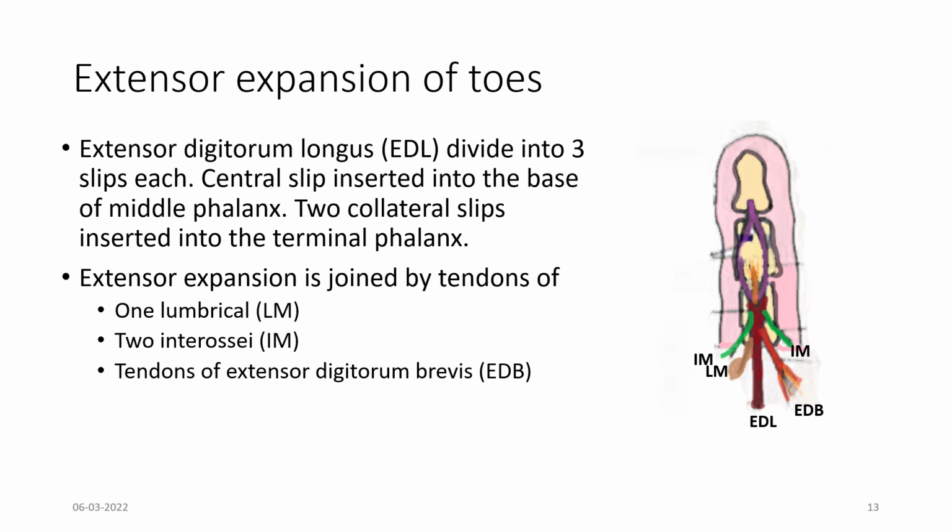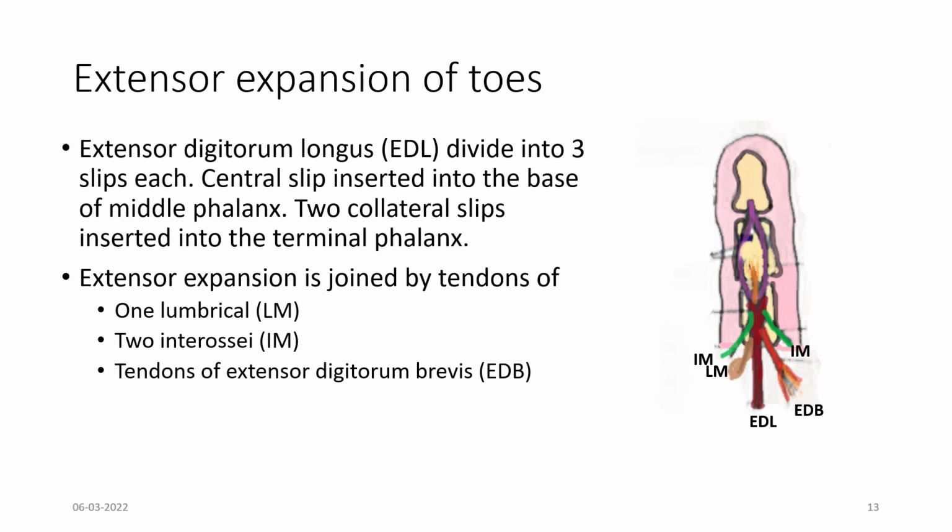So, the extensor expansion of the toes is formed by the extensor digitorum longus, which divides into two lateral strips and one central strip, like that in the fingers. The central one is inserted into the base of the middle phalanx. The two collateral strips will be inserted into the terminal phalanx.